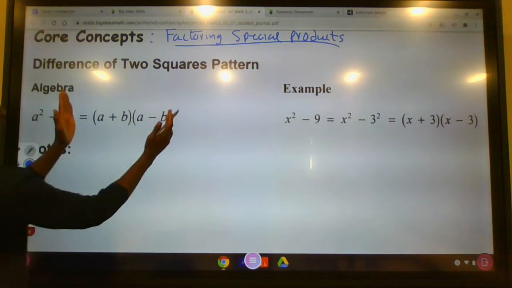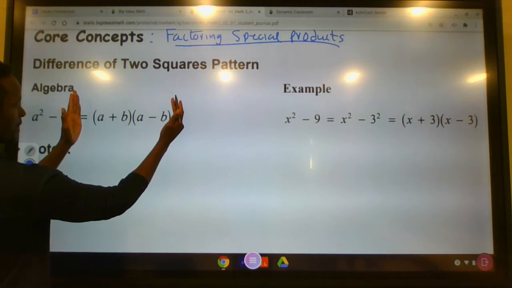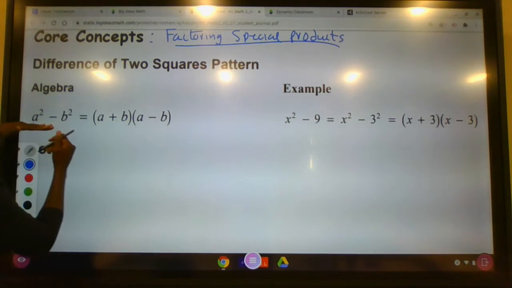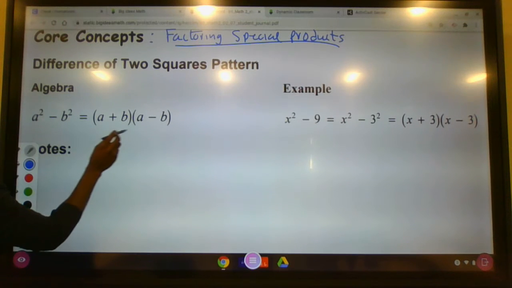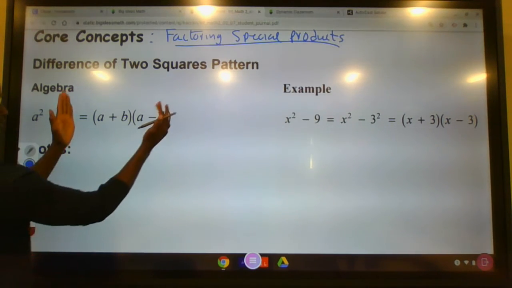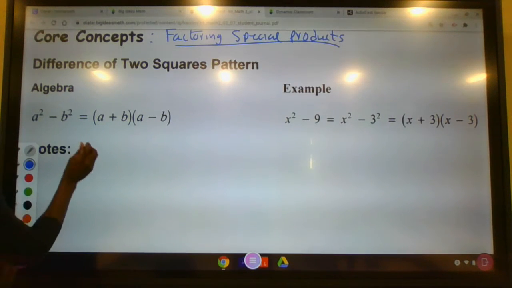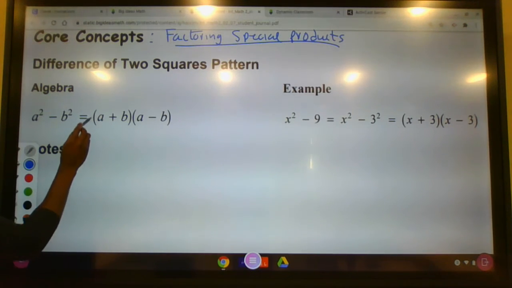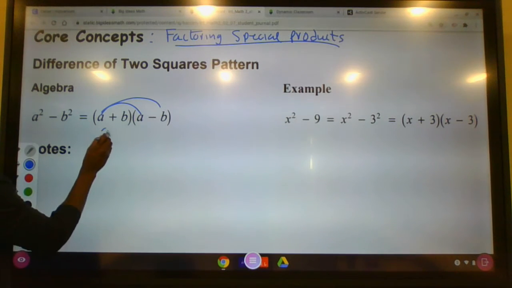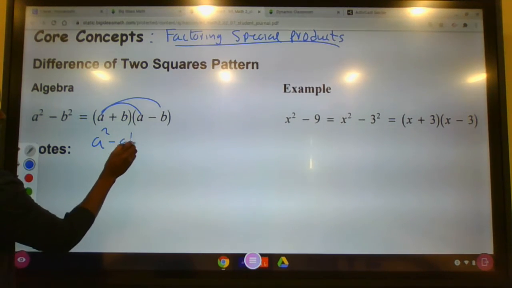Here, recall that in the previous section we multiplied binomials of this form, and we ended up over here. This is a special type of situation we call the difference of two squares pattern. Just to verify that we can go from here to here, I'm going to multiply this for you by using the distributive property. We'll multiply this times that, which gives us a squared minus ab.